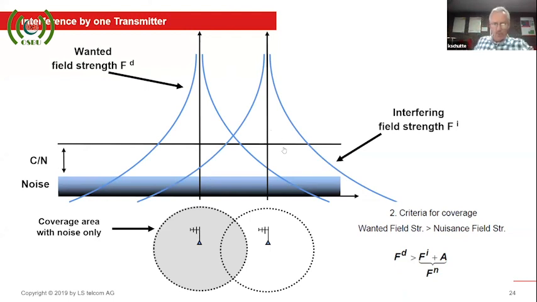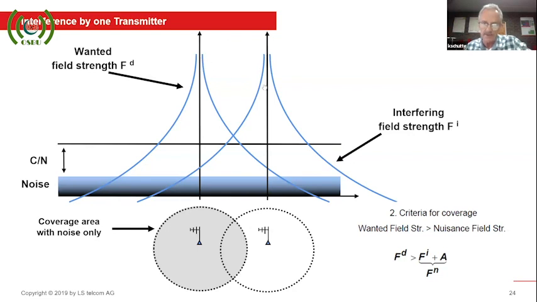And what we do now is add another transmitter. Now, this is specifically to demonstrate an MFN network where you've got another transmitter, and this transmitter can be co-channel or it can be adjacent channel, but which has a certain effect on the existing transmission.